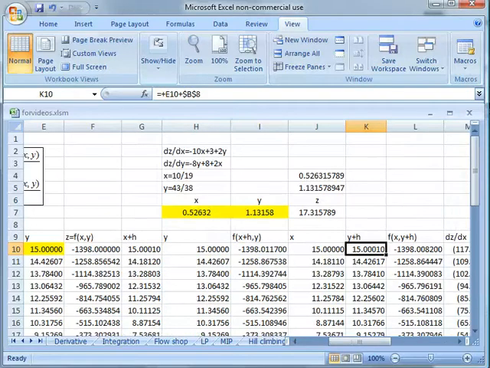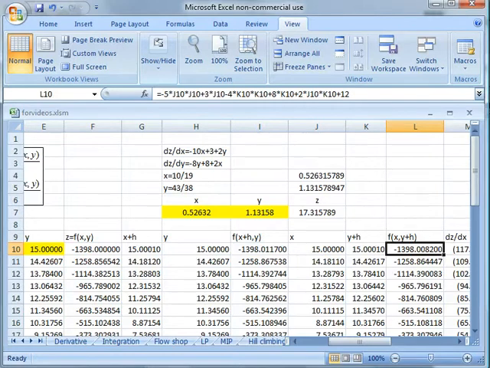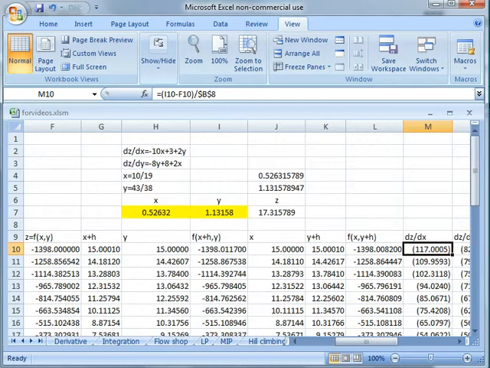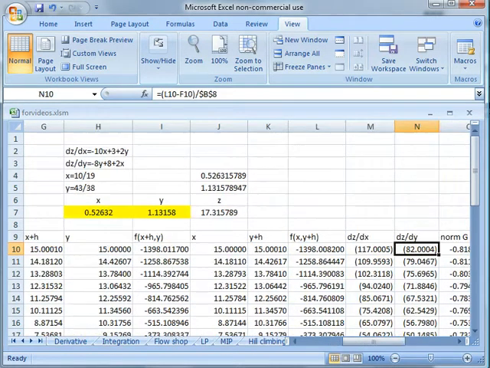Again, I do a similar procedure, but now I compute the f of x comma y plus h, and again this small change helps me to compute the partial derivative with respect to y.